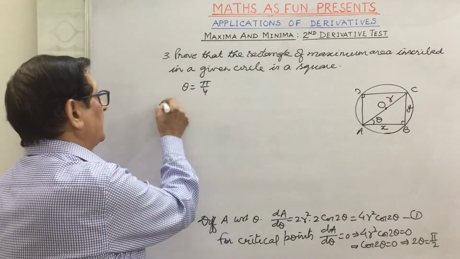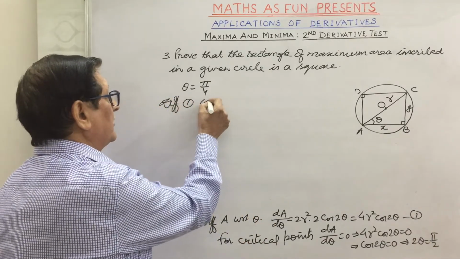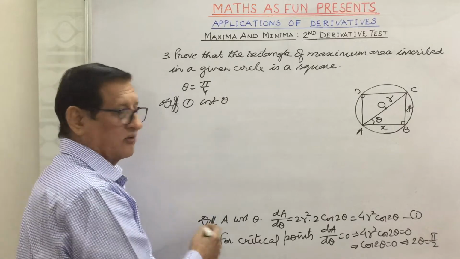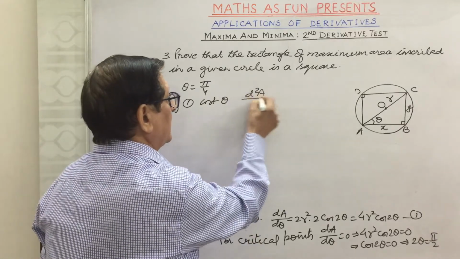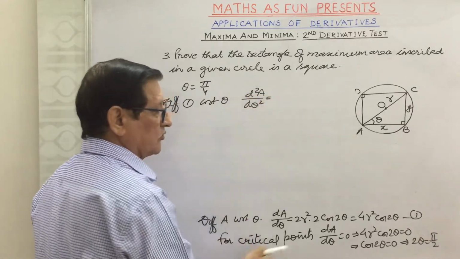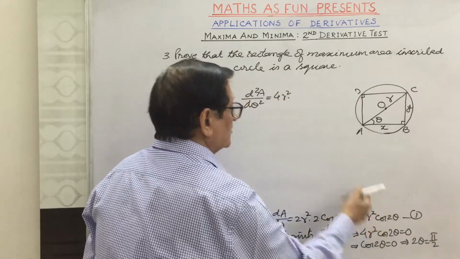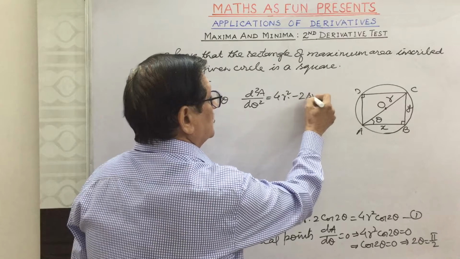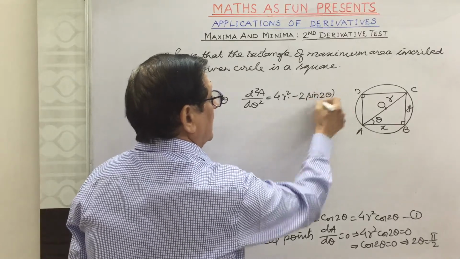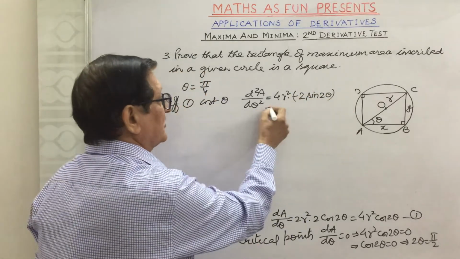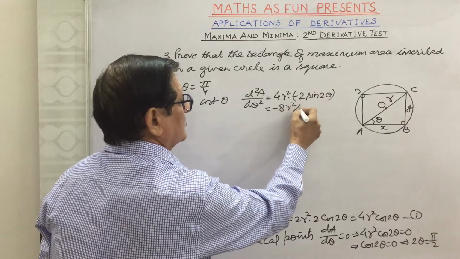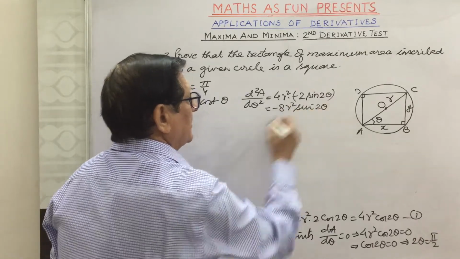So we write differentiating 1 with respect to theta. We get d2A by d theta square equal to 4r square, derivative of cos 2 theta minus 2 sin 2 theta. And this gives us minus 8r square sin 2 theta.